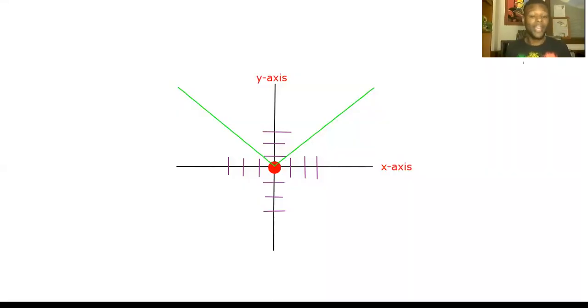Okay, here we go. So now we have the absolute value function. And this is what it looks like, kind of like a V. It can be flipped upside down, like this. And it also can be shifted to the right or the left.